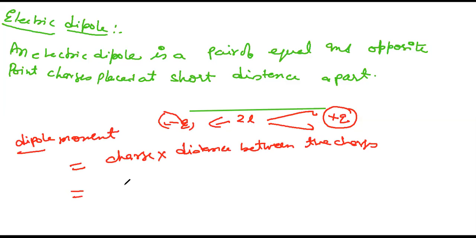Charge is how much? Q. And distance between charges is 2L. Symbol for electric dipole moment is P. This is a vector quantity. Are you following it? Yes.